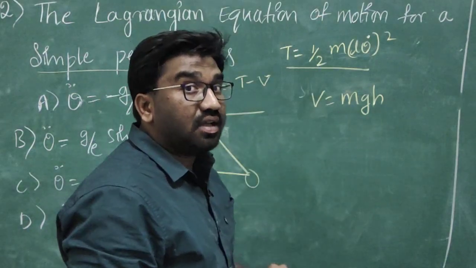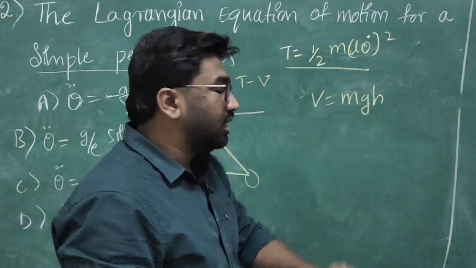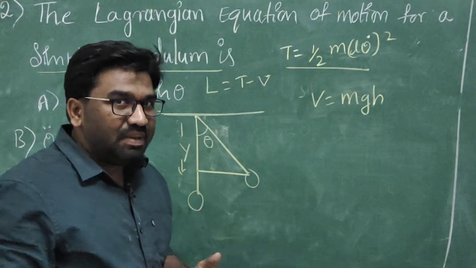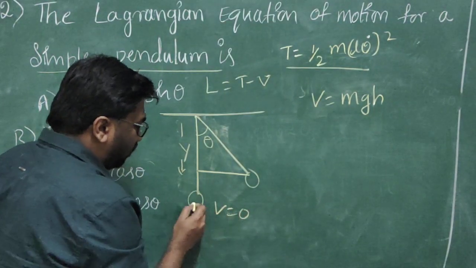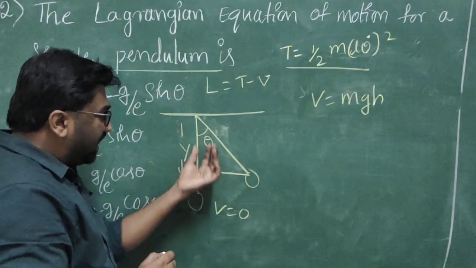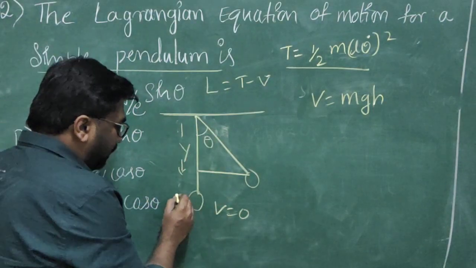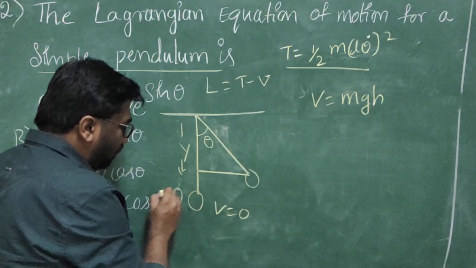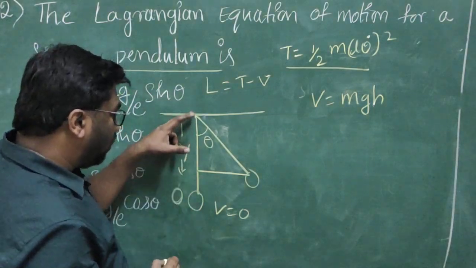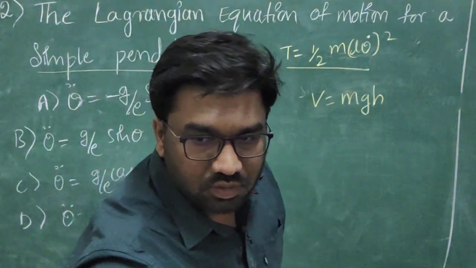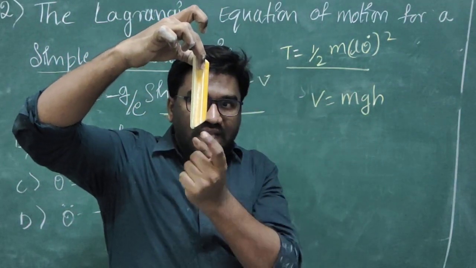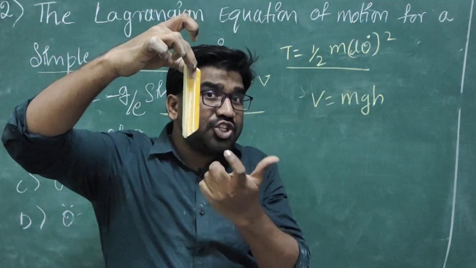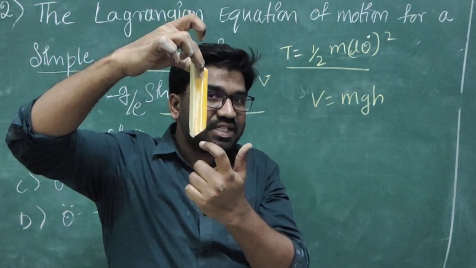We should find the height, but at equilibrium we know that potential energy V is equal to 0 if the bob is exactly at the equilibrium position. Suppose this is the point O, and this is the position of the bob. In this situation there is no potential energy, it is at rest.